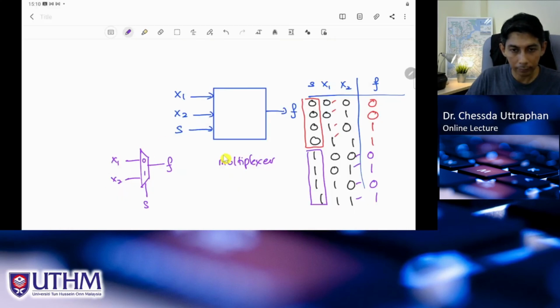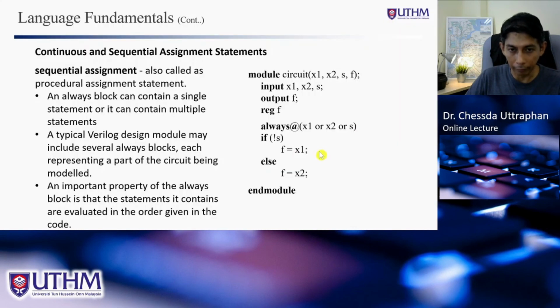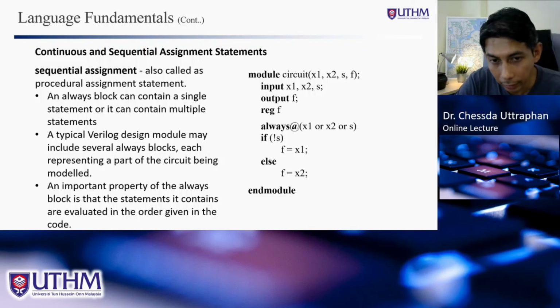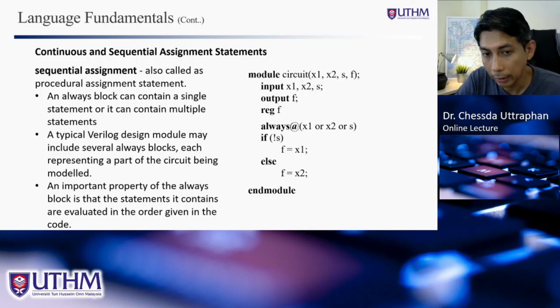This is without having the truth table, the Boolean equation, or the circuit. We don't have them, but we know the behavior of this circuit, and we write the description based on that behavior. So this is a very powerful tool that allows you to create very complicated circuits later on.